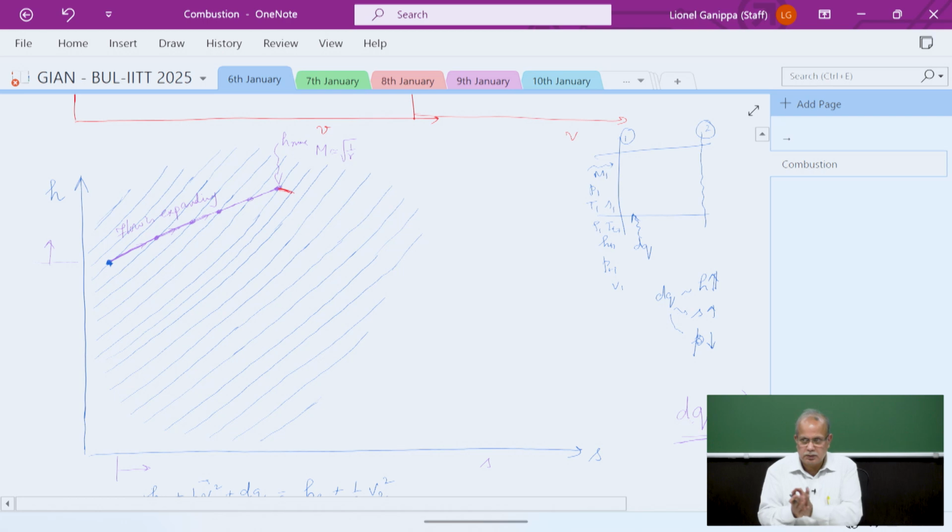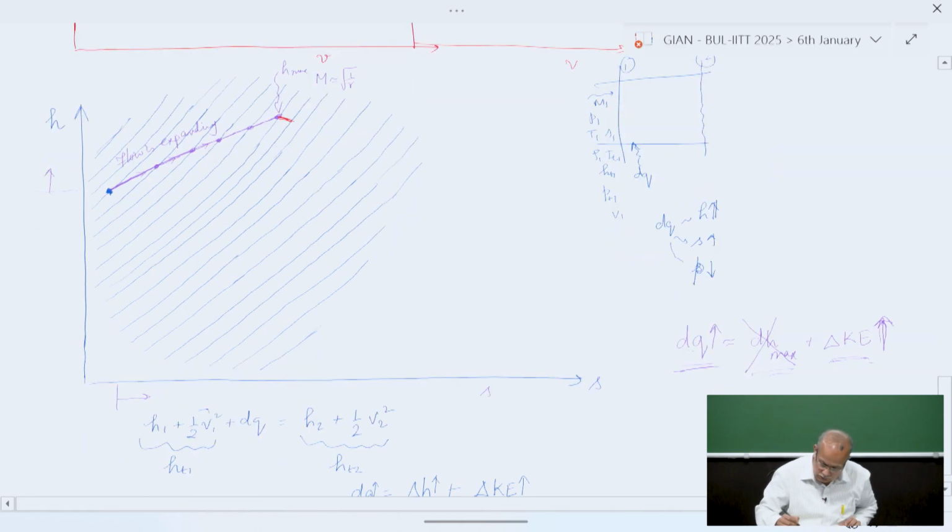Now the flow is able to accelerate because of the decrease in pressure here. The flow is giving its energy, so you can see the enthalpy is now decreasing from H maximum. The flow has given off some energy and is continuing to accelerate. So if the kinetic energy of the flow has to increase at a rate greater than the heat addition, then it has to take the energy from the flow.